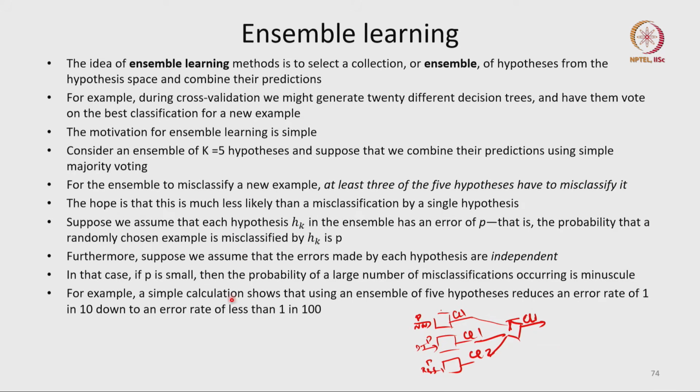Okay. So, a simple calculation shows that using an ensemble of 5 hypotheses reduces an error rate of 1 in 10 down to an error rate of 1 in 100. In other words, it goes from 10% to 1%. Okay, so, it comes down from 10% to 1%.